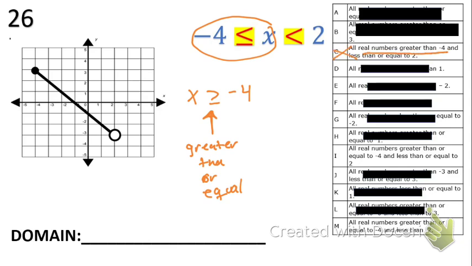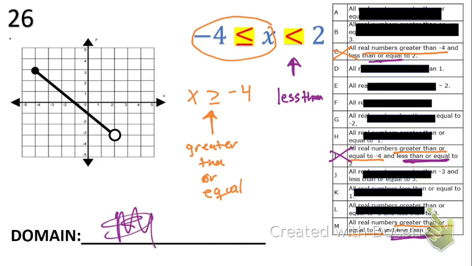So it's not that one. Greater than or equal to, so it could be that one. Now this symbol here is just less than. This one says equal to, not it. This one just says less than. So the answer for the domain for number 26 is M.